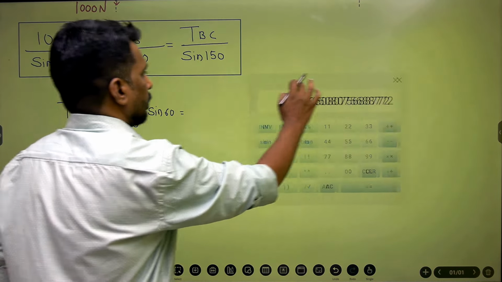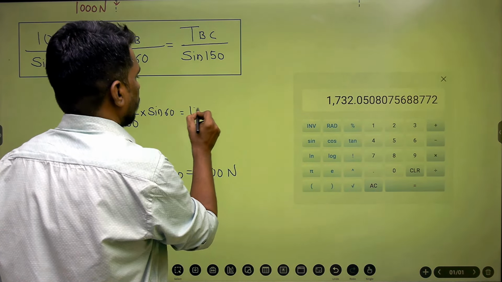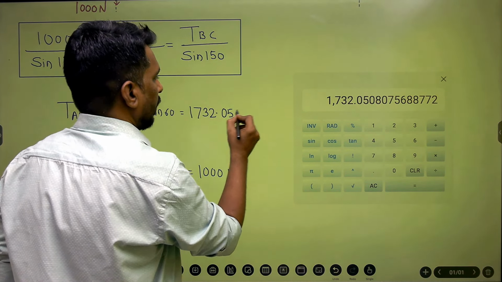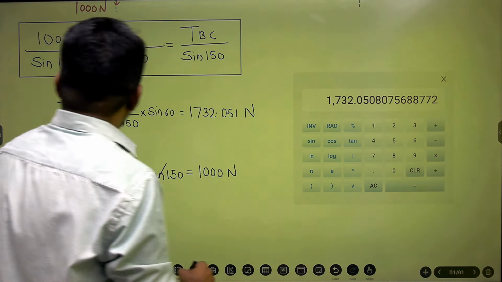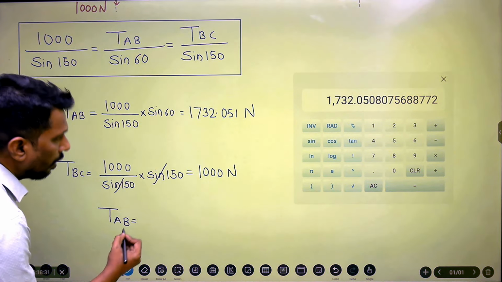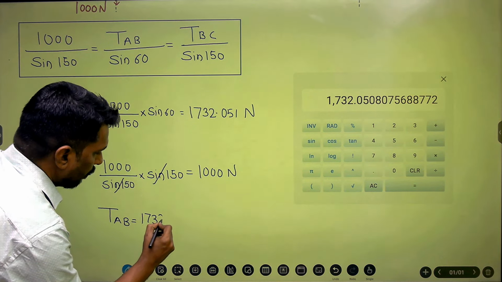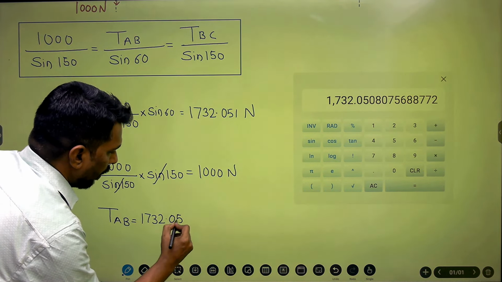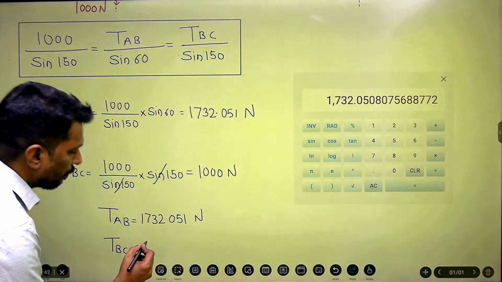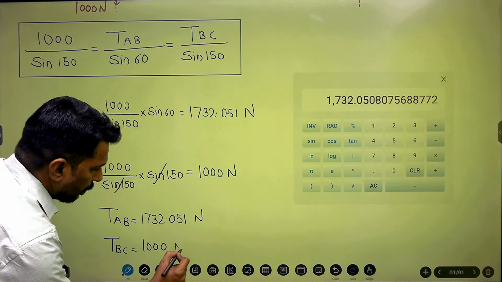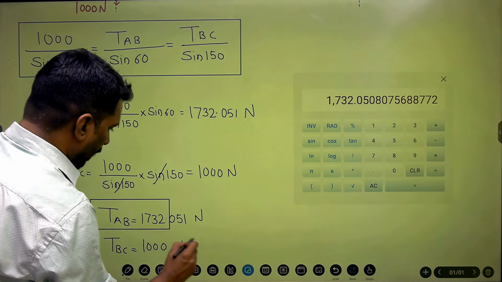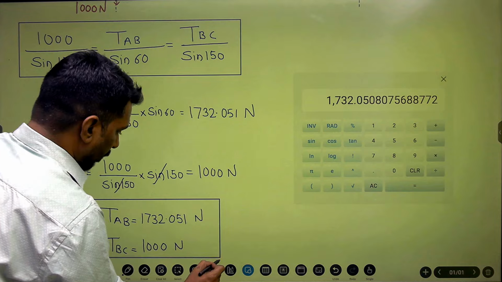I'll write the calculated answer, 1732.05, and I'll take it as 1 Newton. So here I'm getting TAB equal to 1732.051 Newton, and TBC is equal to 1000 Newton. So these are my answers considering point B and after applying Lami's theorem.